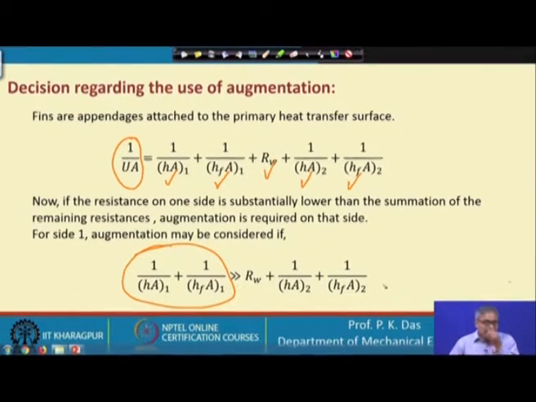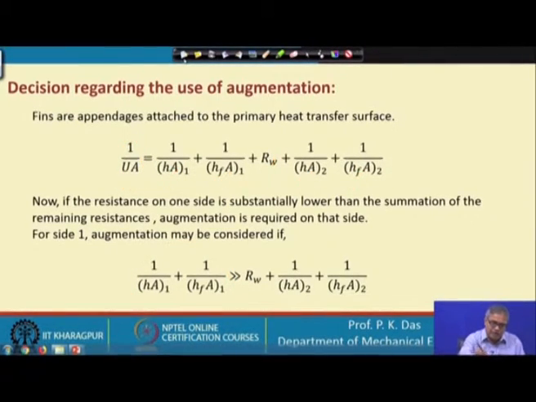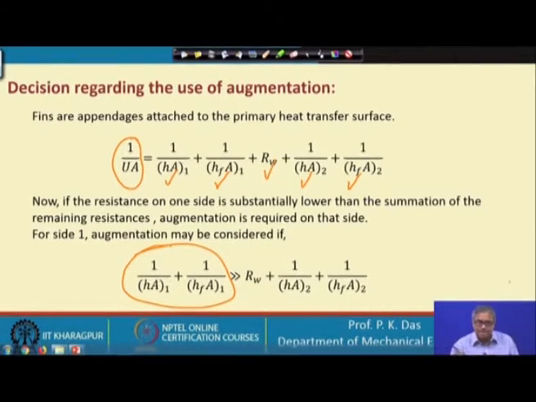If it is a gas to gas heat exchanger, then of course many a time we provide fins on both sides of the solid surface. So, with this small piece of information, we can proceed to the next slide.